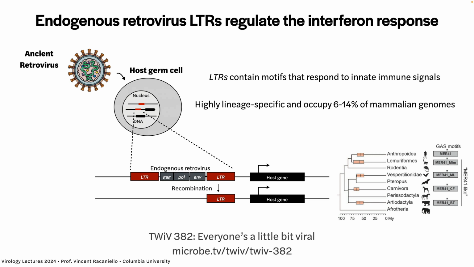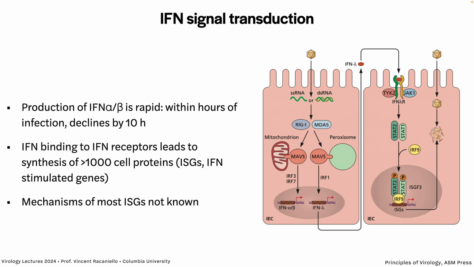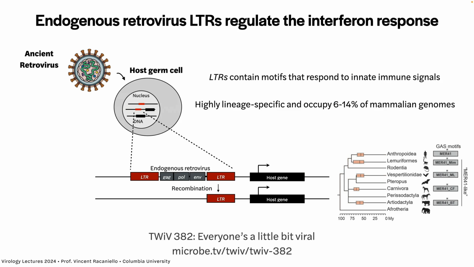So these promoters that are responsive to interferon, so here interferon is binding a receptor, and eventually promoters are turned on downstream. Those promoters have elements of endogenous retroviruses in them. And so that's shown on this side. Endogenous retrovirus LTRs regulate the interferon response. Remember, the LTRs are present at either side of the provirus.